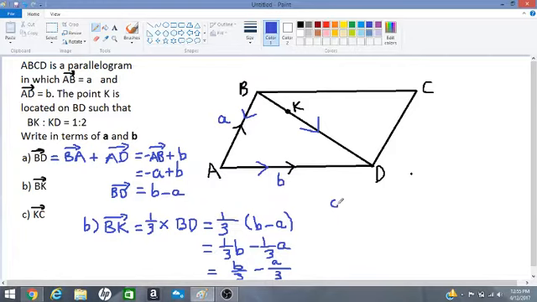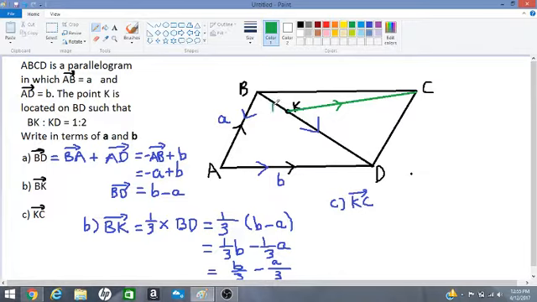Part C now, they ask us to find KC. So let's draw a line connecting K to C, a green line. The vector, put in an arrowhead going from K to C. How do we get from K to C? Well, we can go this way.